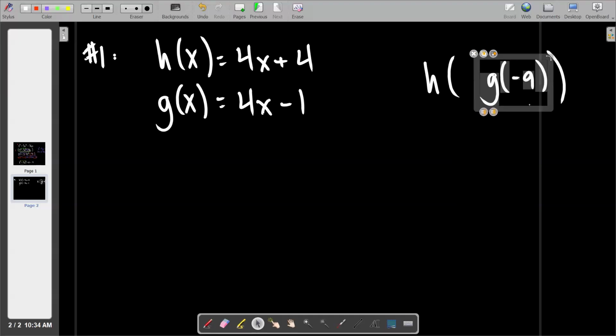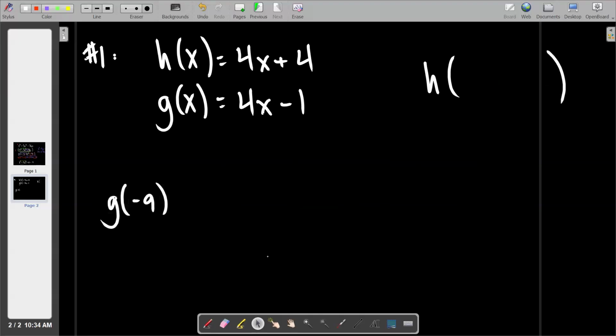Watch what I'm going to do. I'm going to take it and stick it over here. That is our first math problem that we have to do. If it says h of blah blah blah, we have to find an answer to this first so that we can put the answer back. See that empty space I've created up there in the corner? I have to have something to put up here, and I don't have anything, but I will when I figure out the answer to this math problem down here.